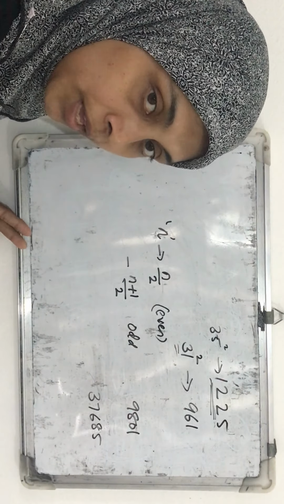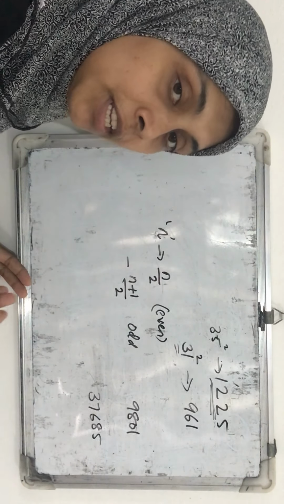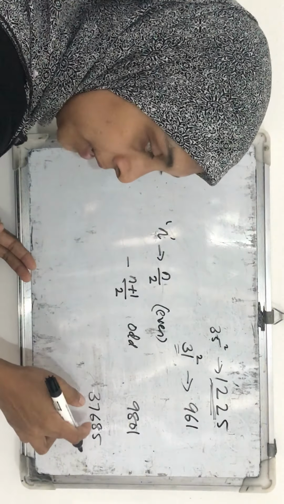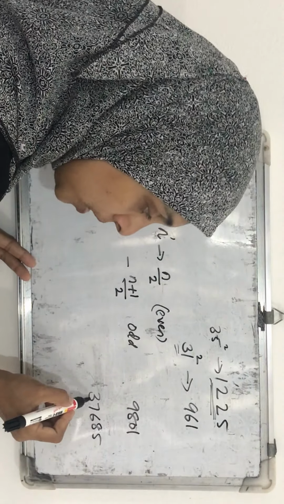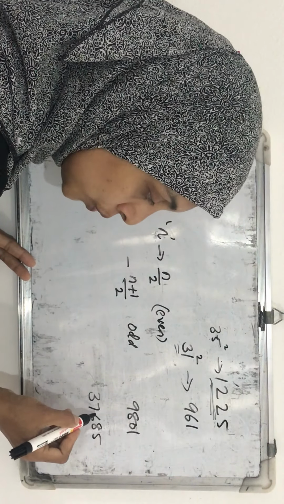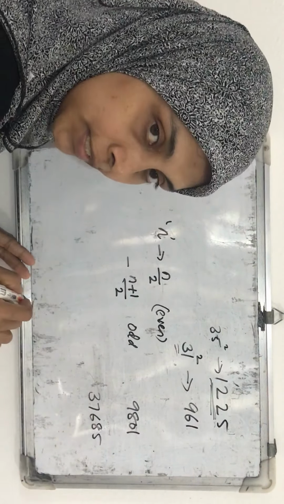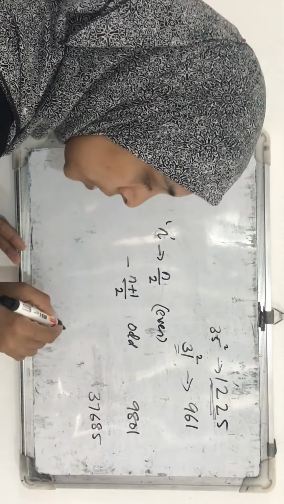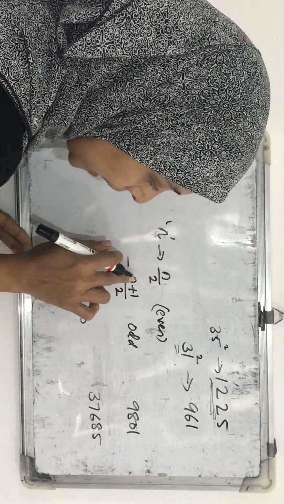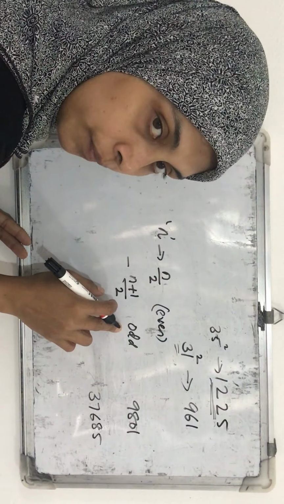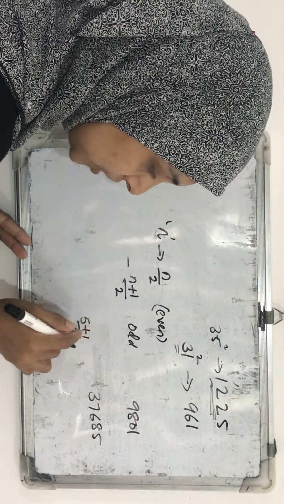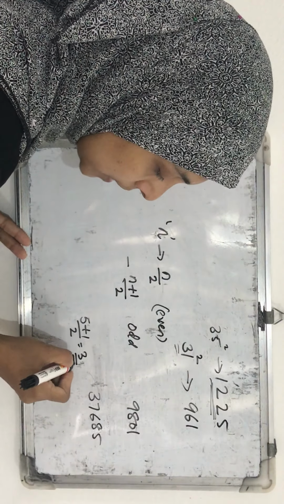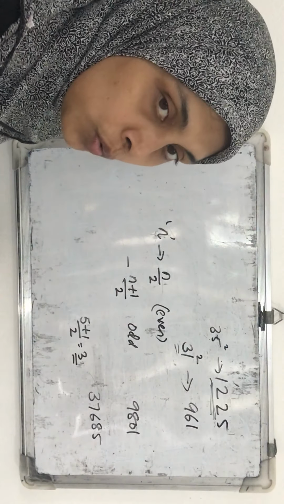Don't check the ones place digit; we count how many digits are there. So in its square root, how many digits will there be? If it is odd, n plus 1 by 2: 5 plus 1 by 2, that is 6 by 2, it will be 3 digits in its square root.